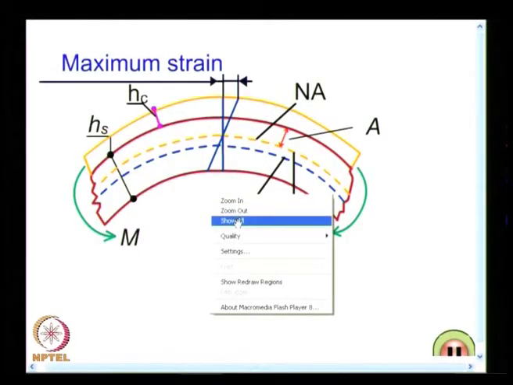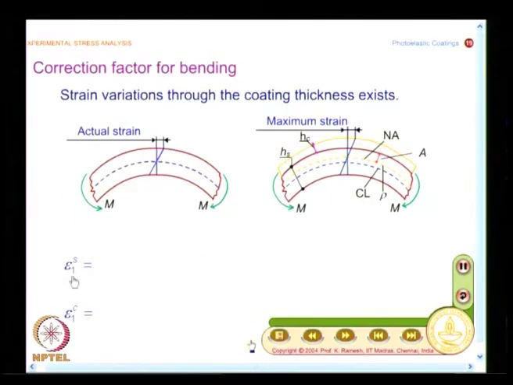The mathematics is slightly involved. I am not going to derive every step, but I am going to give you key intermediate results that will give you an idea how we have gone about. And what I have here is, how do I write the expression for the specimen strain and coating strain. If you go back to the way that you developed bending of beams, the distance from the neutral axis and the curvature, if you know, I can write an expression for strain.